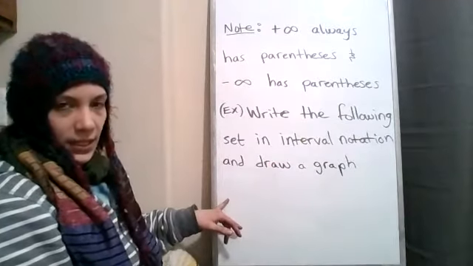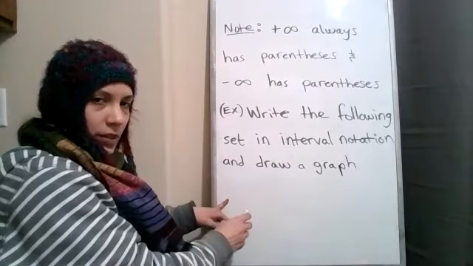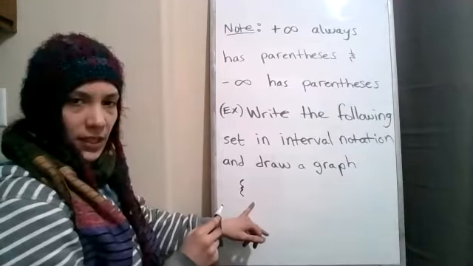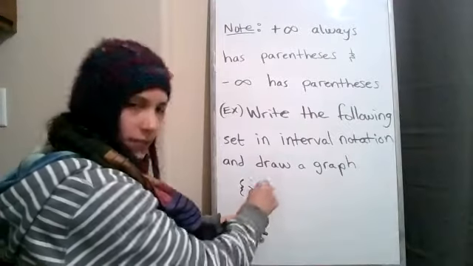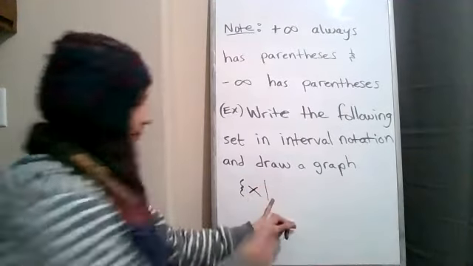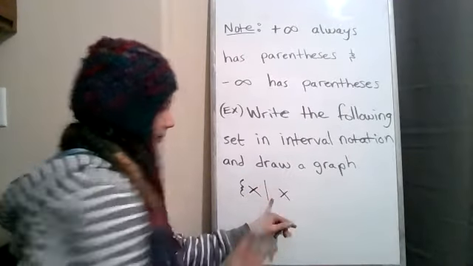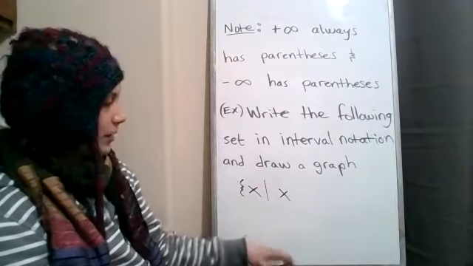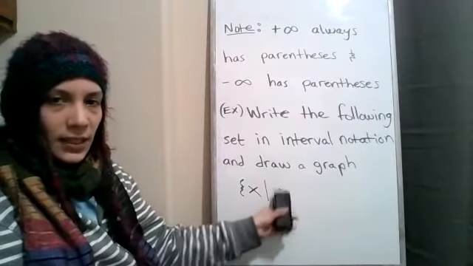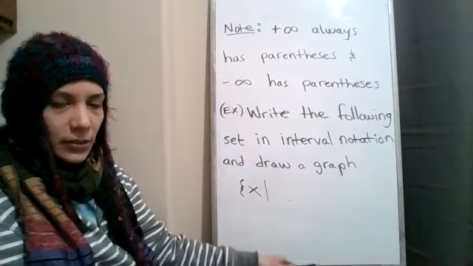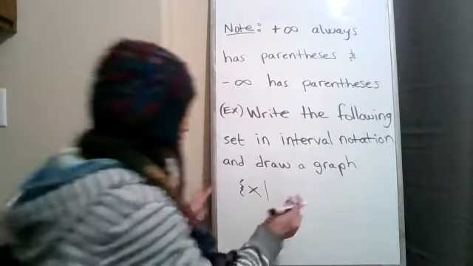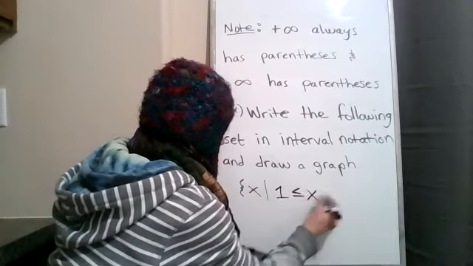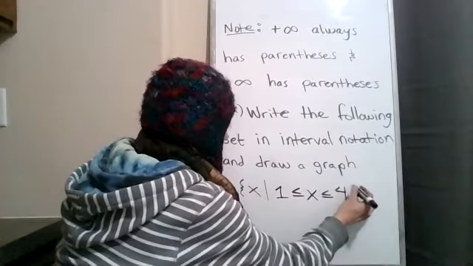We have the set, so you start your set with a curly brace of x values such that 1 less than or equal to x less than or equal to 4.